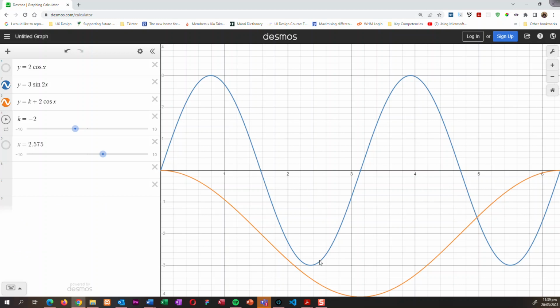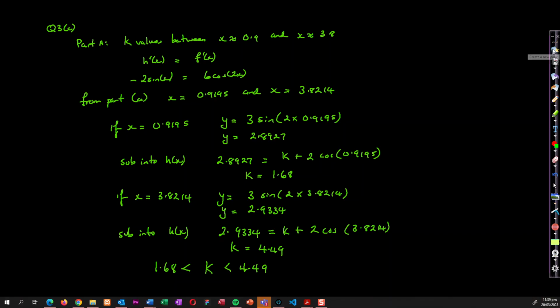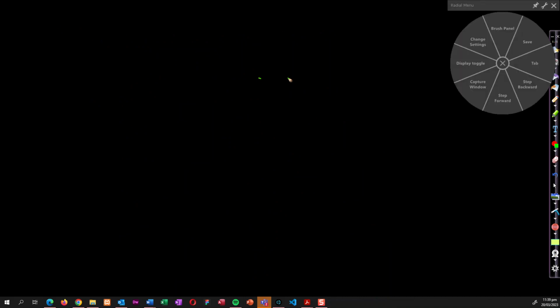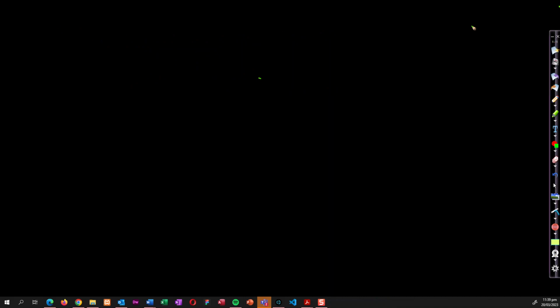Going back to our work for part A, this is when we have an x value equal to 5.6033, I think it is.